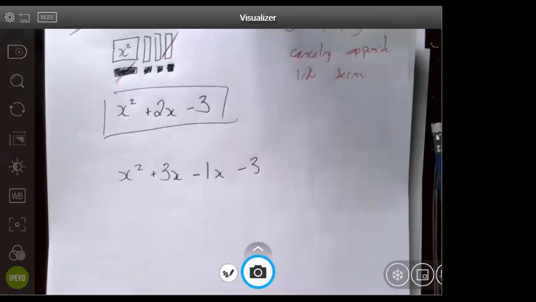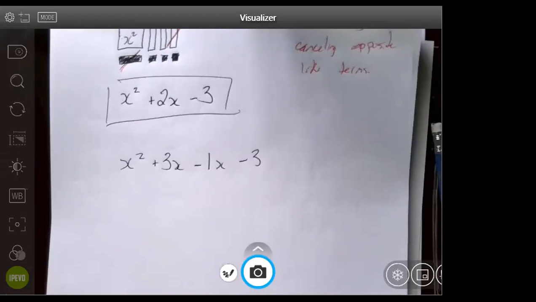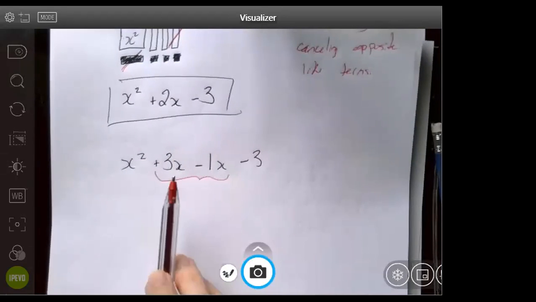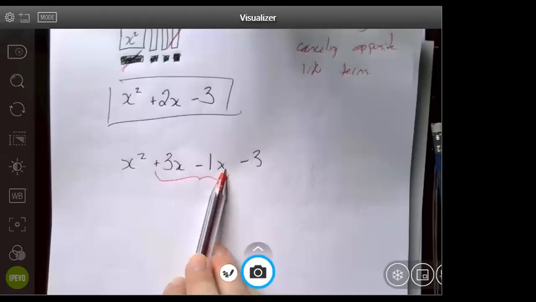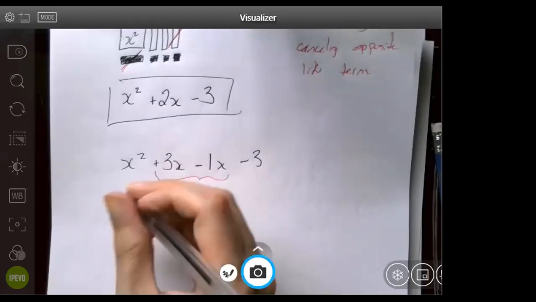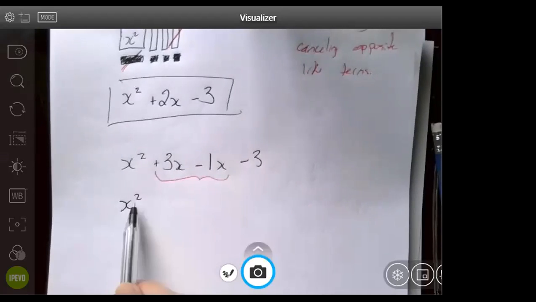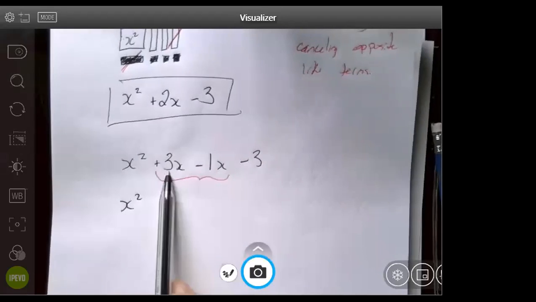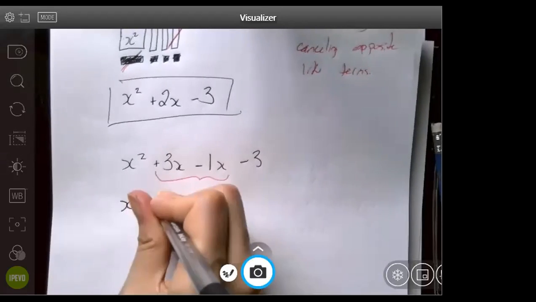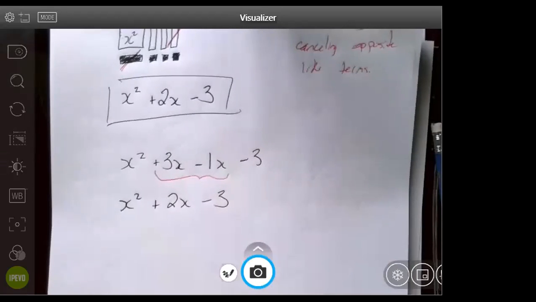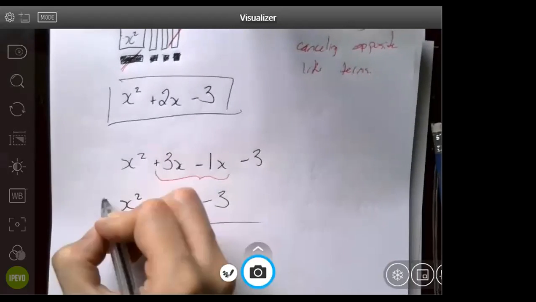And then we just do our simplifying, where with our like terms, which are, in this case, our x's, we can actually add or subtract those together. So we keep our x squared at the front. It doesn't have any like terms. There's no other x squareds. And then 3x minus 1x is just positive 2x, and then our only constant at the end. So you would still get the same answer.